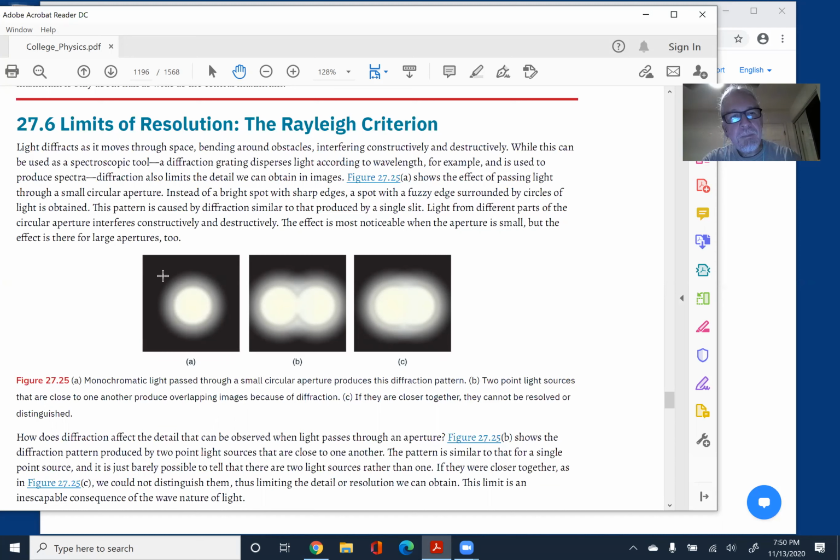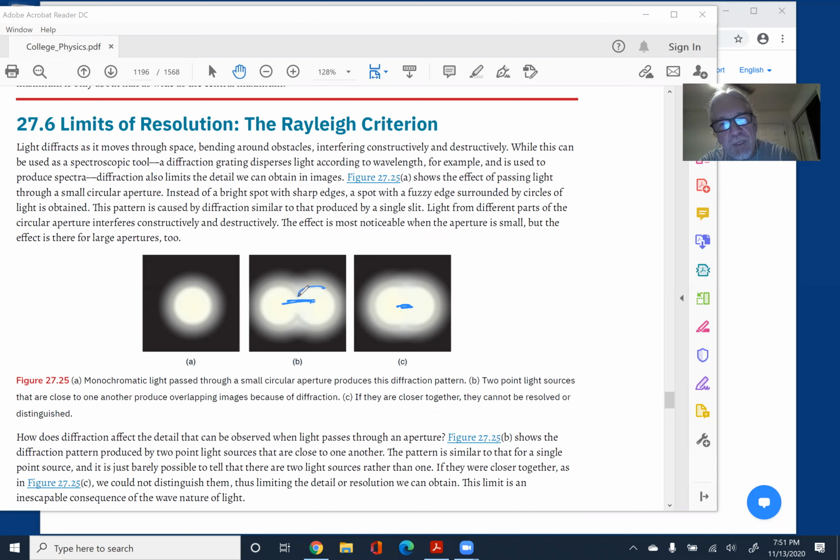big bright spot in the center, because if instead of looking at one source of light, I'm looking at two of them now, their diffraction patterns, if the two objects are too close, will overlap each other. When they're far enough apart, you can really say, okay, I have two objects here.